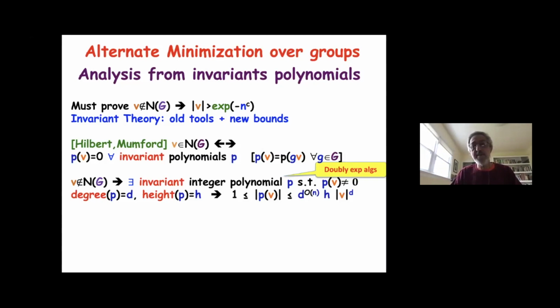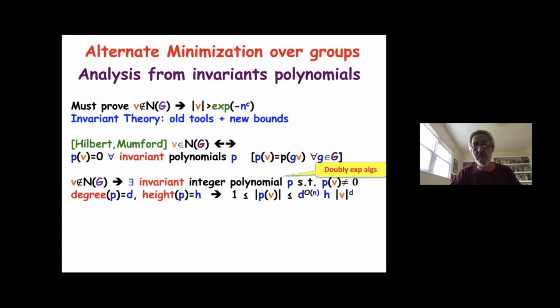It's d to the n, roughly the number of coefficients. Each coefficient is of size h. And when you evaluate a monomial on a vector, you get at most the d-th power of the norm. So you can use it to get a lower bound on the norm of v.